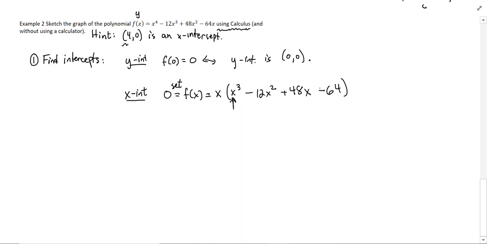Now, with the hint that (4, 0) is an x-intercept, let's think about this hint strategically. If (4, 0) is an intercept, that means f of 4 is equal to 0. So 4 is a zero of the function, and we know from college algebra that if this is true of a polynomial function, then x minus 4 is a factor of the function.